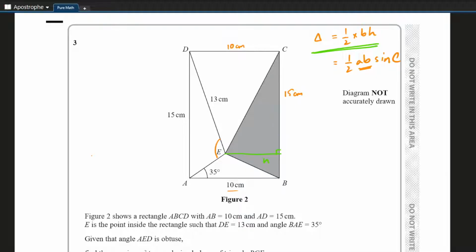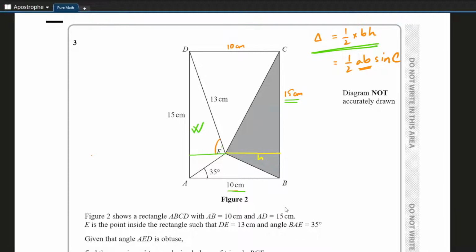Instead of finding the height of this triangle, since we don't have any other information but this one side, we will find the height of this side, which is this portion right here. Then we will subtract that height from 10 to get this yellow height.